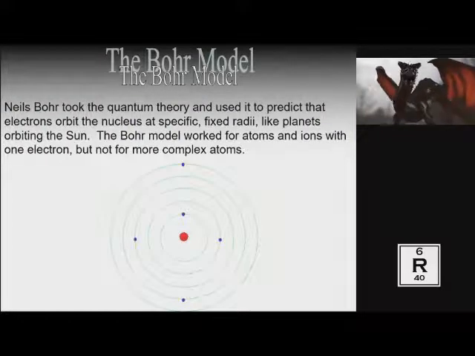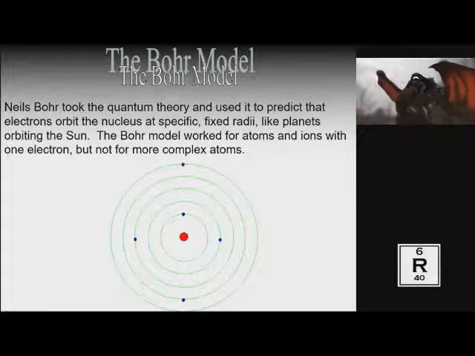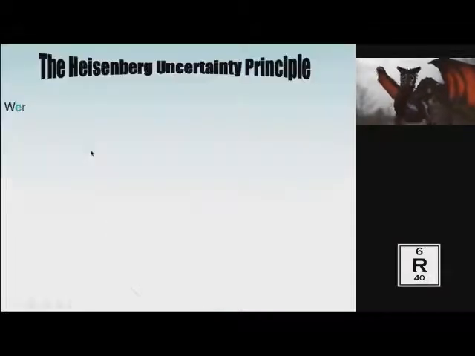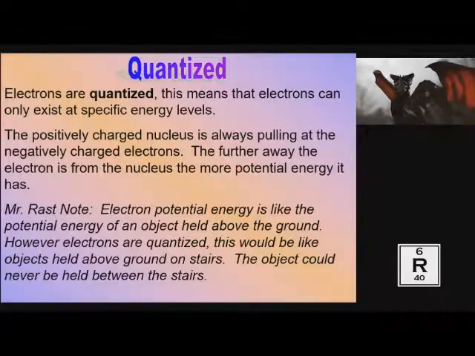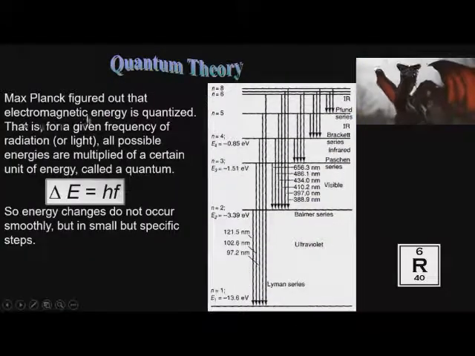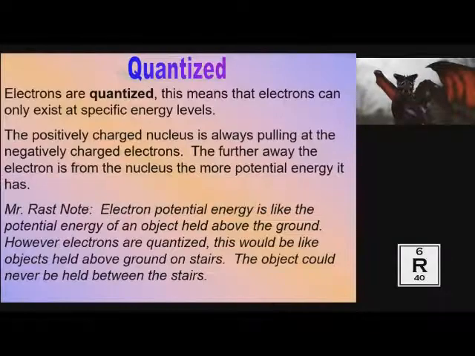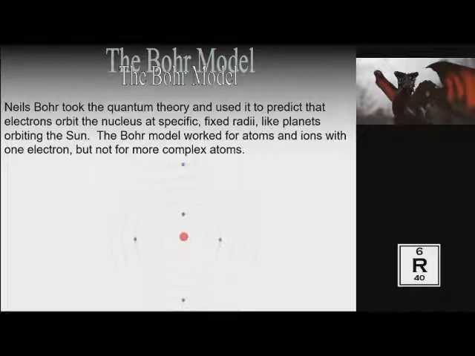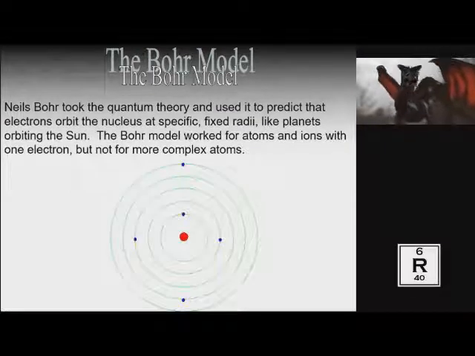All right. If we take the idea that Rutherford came up with, that there is a nucleus, and that it's mostly empty space, and that's where the electrons exist, and then we also combine that with Niels Bohr, that we're talking about now. But if we also talk about this with Max Planck's idea that they're quantized, so if we take Rutherford and Planck's ideas together, we come up with the Bohr model.